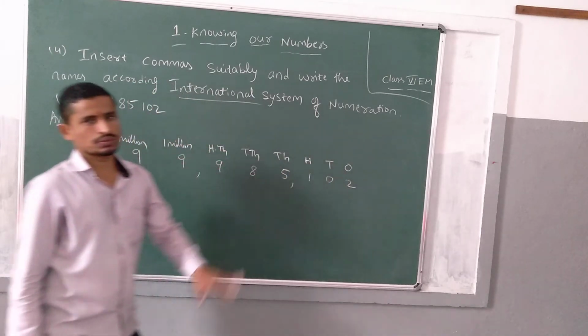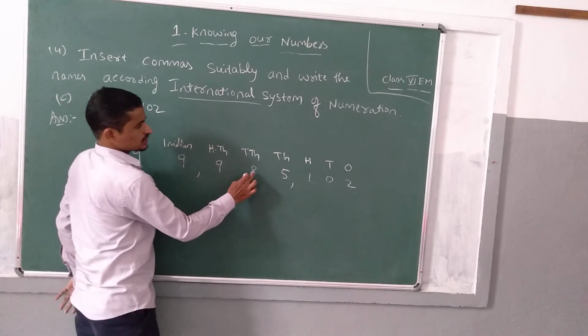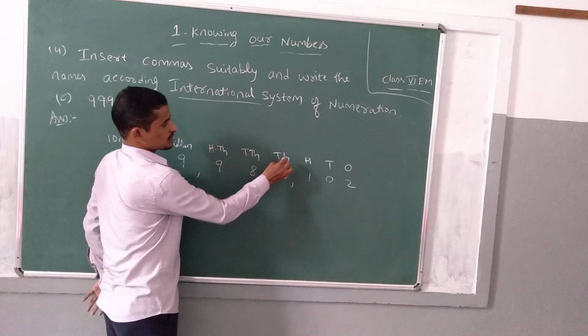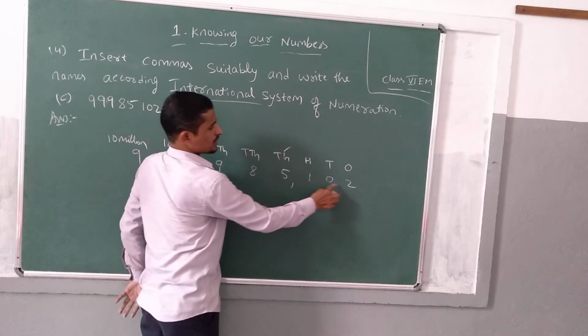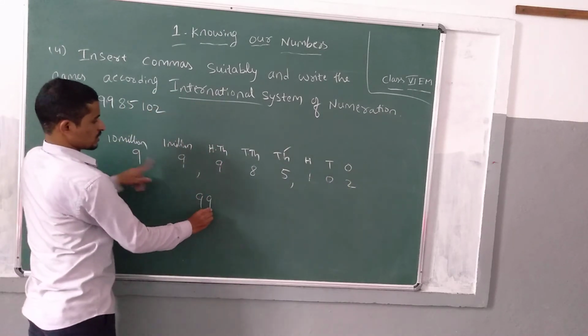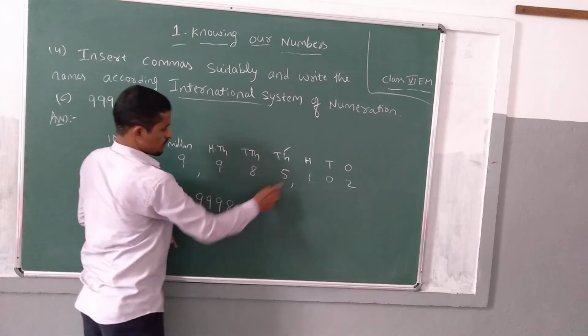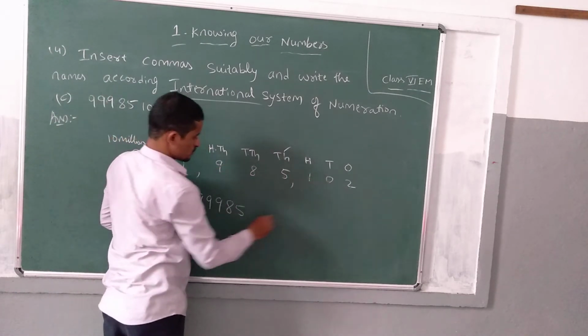99,985,102. Okay, so once again I will write 9, 9, 9, 8, 5, 102.